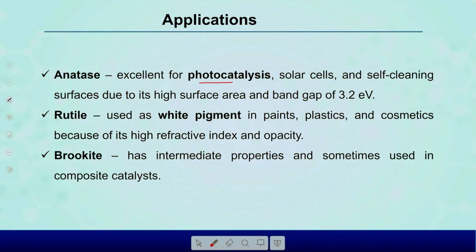On the other hand, rutile is generally used as a white pigment in paints, plastics and cosmetics because of its high refractive index and opacity. Brookite has intermediate properties and it is sometimes used in the preparation of composite materials and as a catalyst in composite materials. So these are the general applications of the three polymorphic forms of TiO2.